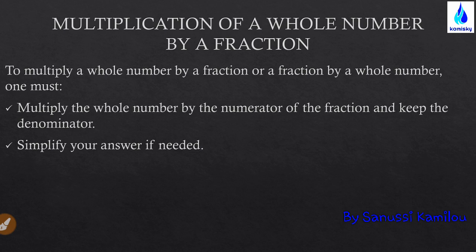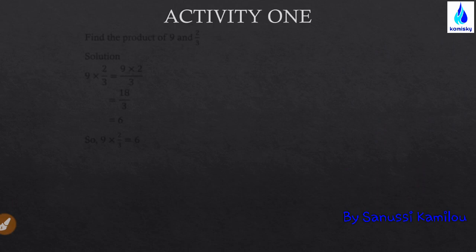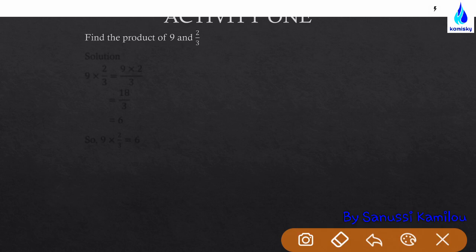Thank you very much. So these are the steps involved in today's activities. Let's look at activity 1 so that we will know how to practice this idea. Find the product of 9 and 2 out of 3. This means we should multiply 9 by 2 out of 3.